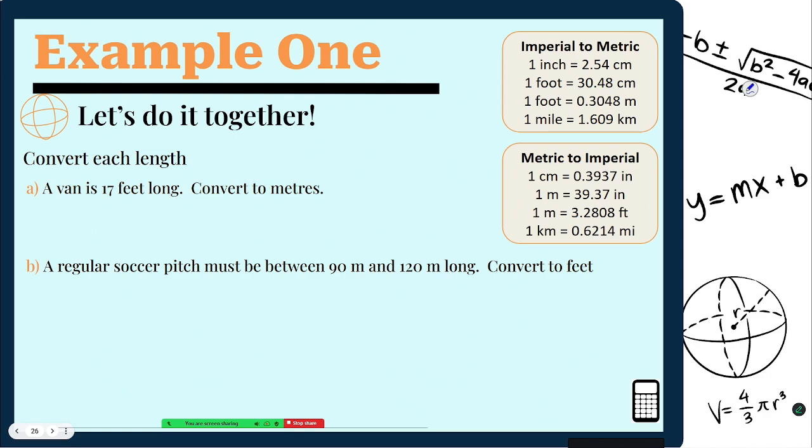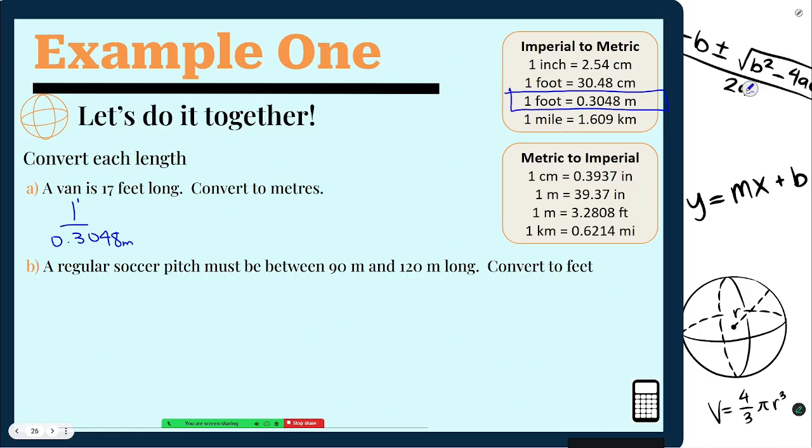Remember, know is on the left, so we know that 1 foot is equal to, and all we're going to do is look over at our meter. From the imperial to metric conversion chart, 1 foot is 0.3048 meters.